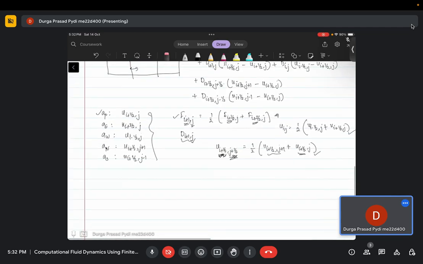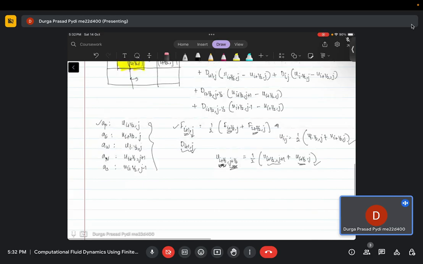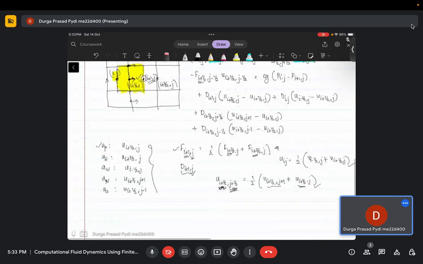Similarly, you will do for the vertical component of the velocity also. So instead of u, you will be having v. Instead of having half indices on the I index, you will be having them on the j index. That's the only difference. This is something that we stopped at in the last class.